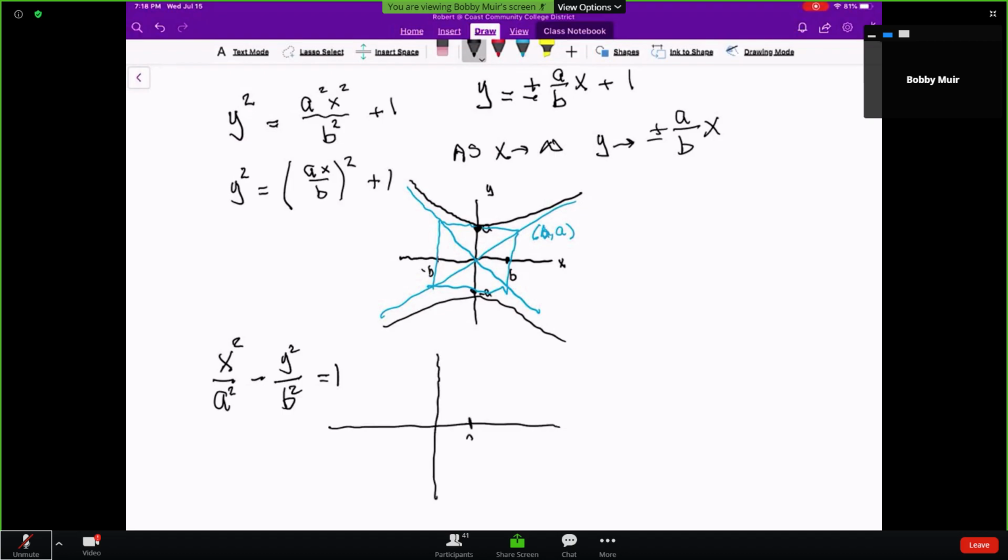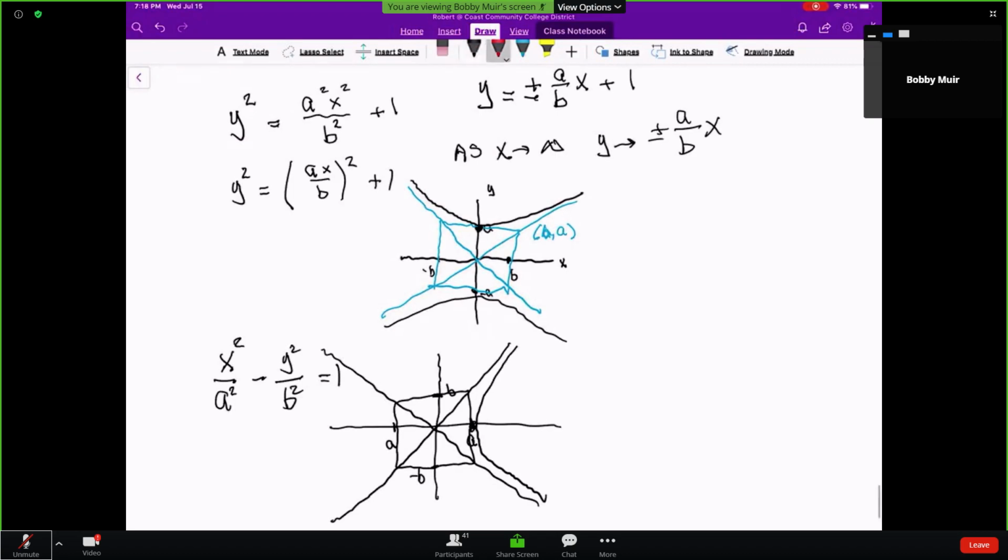We find the a, it's underneath the x, and then the b is going to be up here, maybe down here, and then we draw a box. When I used to teach intermediate algebra, I would always tell them to say x marks the spot. All right, and it opens sideways, and so it's going to go like this.